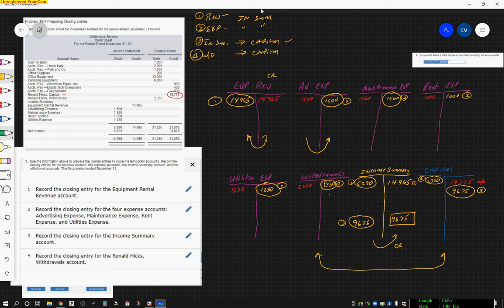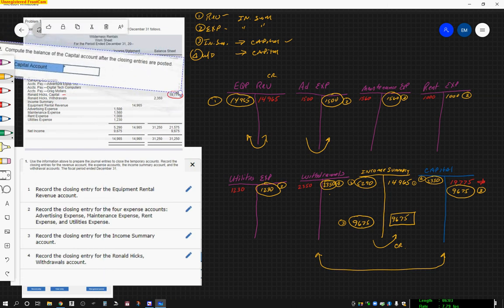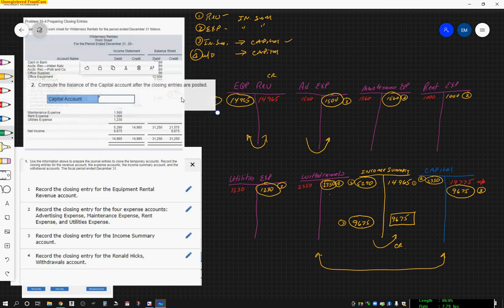In case it does ask you, let's go to the question over here. It's asking us to compute the balance of the capital after the closing entries have been posted. Well, we're looking for the balance of this account. Very simple. The normal balance side of a capital account is going to be the credit side. We add up all the credits. We subtract out any of the debits, because this is the decrease side.